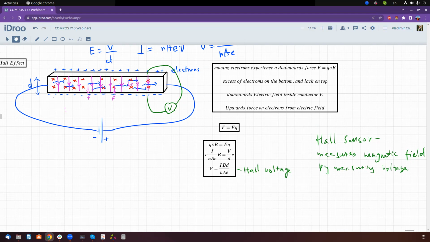But the velocity selector has the same principle. You have the same two forces. In the velocity selector, you have a charge and a downwards magnetic force, and you have an upwards electric field.